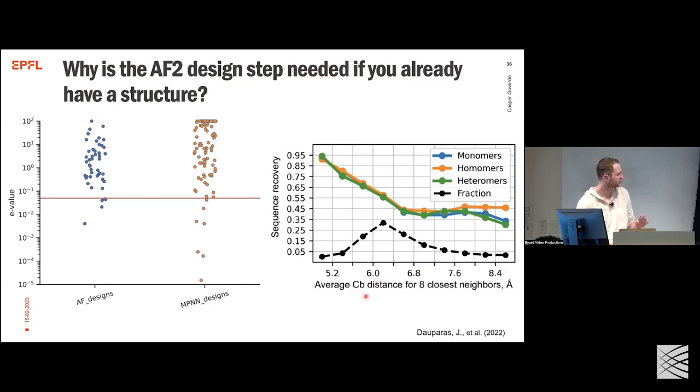You see that the more neighbors it has, the higher the sequence recovery. So in the core of the protein, you can have up to 95% sequence recovery, which drops steeply the less densely packed the core is, which means that the core is overall very well preserved when you redesign with MPNN, and the surface is being completely redesigned.